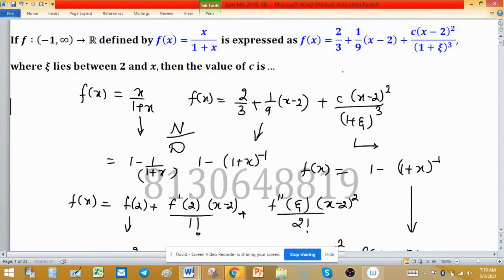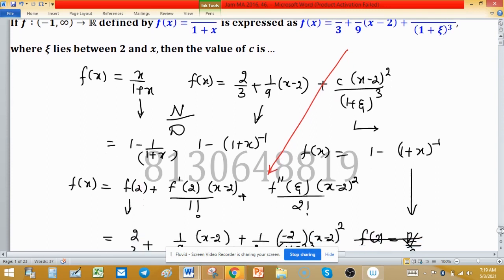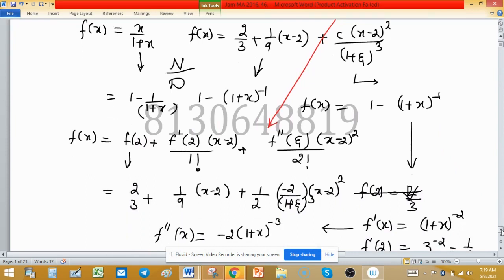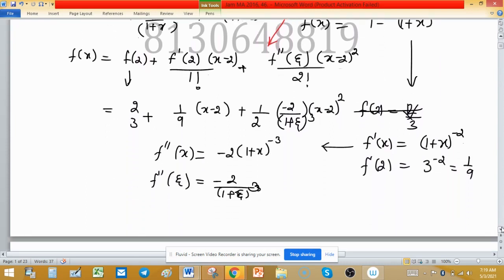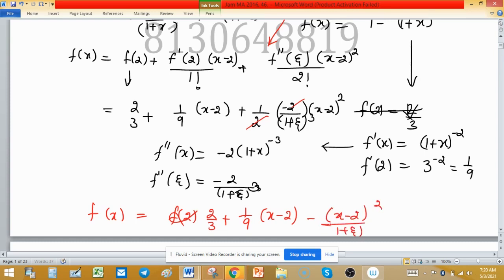This is the given format, as I marked here. I will write the function again so you can see clearly. This is f(x), which is expressible as f(2), 2 upon 3, plus 1 upon 9 times (x minus 2), and the 2 cancels out, so minus (x minus 2) square upon (1 plus xi) cube.